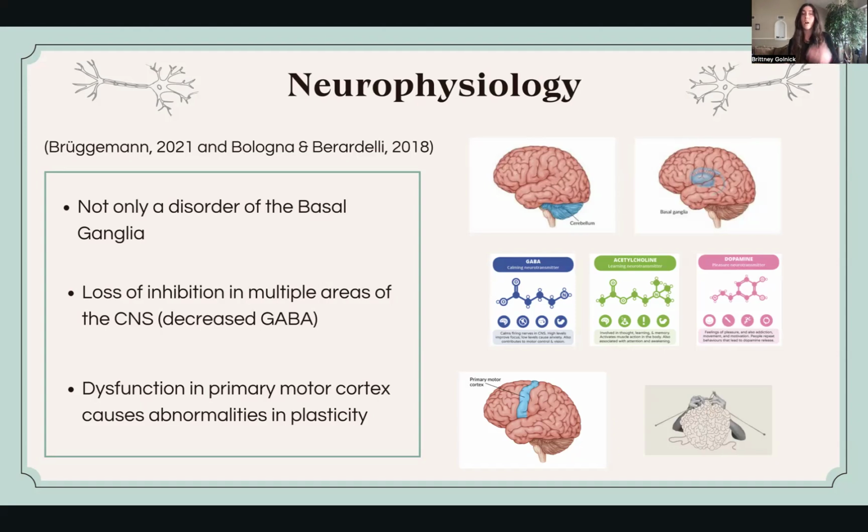So when you have a loss of GABA, for instance, where GABA is the prime inhibitory motor neurotransmitter, you see a lot of excitatory effects from that, causing different abnormal postures, abnormal movements. They're unable to smoothly move their muscles, and those areas become overactive.